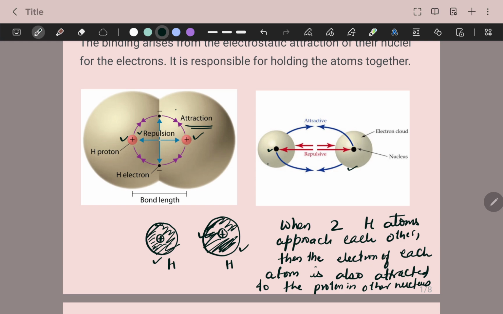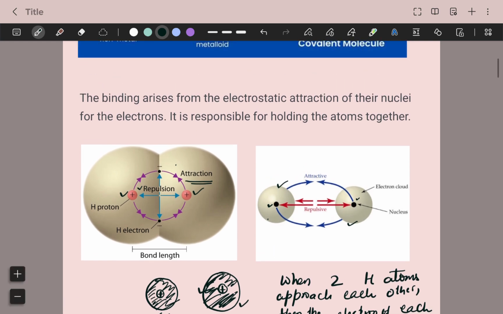The protons will attract the other atom's electrons also. The binding is because of the electrostatic attraction of the nuclei for the electrons. This results in the formation of the bond and is responsible for holding the atoms together. This is the covalent bond.